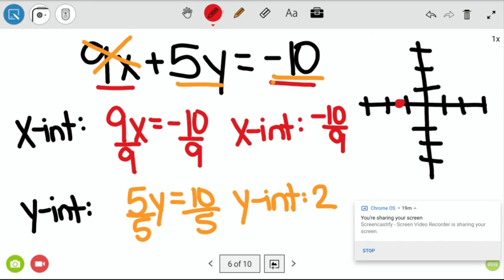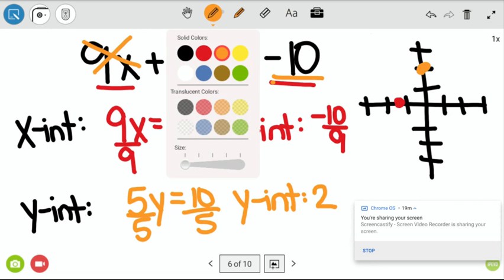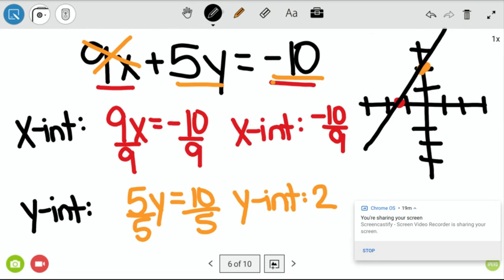Then the y-intercept is a positive 2, so we go up 2 on the y-axis. To make the line, you would just connect the points. We're not graphing today, we're just solving, but I wanted to show you where those come from.